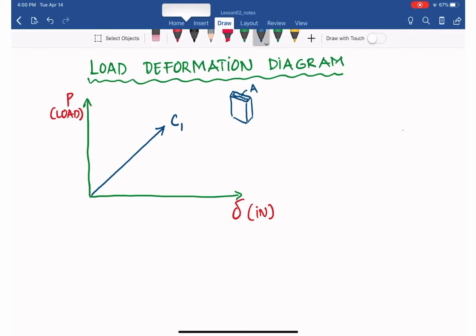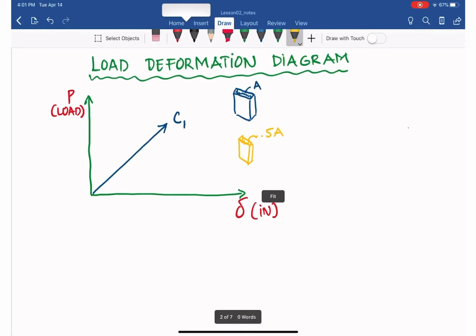And the yellow rubber band has a smaller width, so let's draw it a little bit smaller. The thickness is still the same, so the area of that one now is 0.5A. Looks like a firework when I draw the yellow in here.